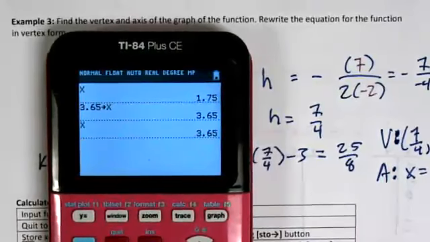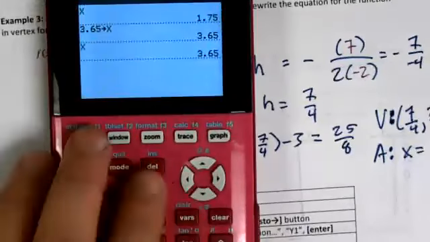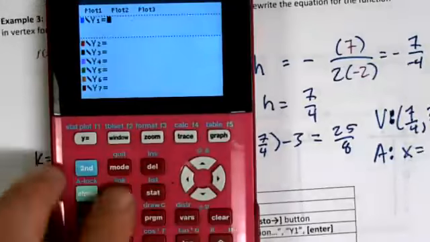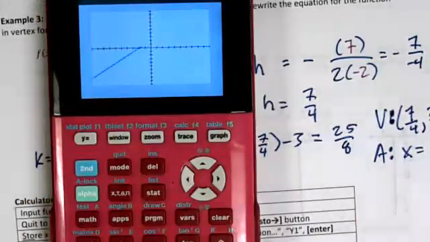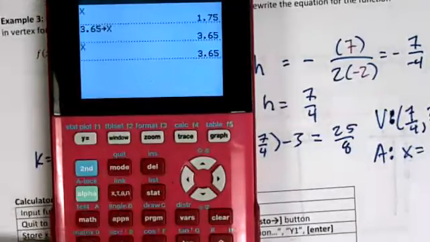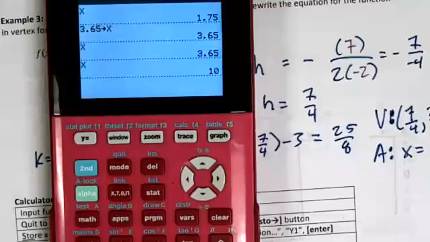So no, it will not mess it up when you try and graph things. However, if I go into my graph now and say I graph something, that will mess up my value for x. So when you use the graph, it's going to overwrite anything you have stowed for x.